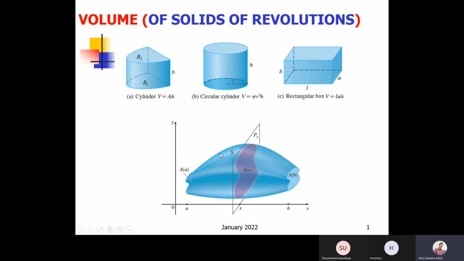Suppose I am considering x and y axes like this. You can think about an arbitrarily shaped loaf of bread like this, and this is the plane which is perpendicular to the x-axis, like this that I have already told you, and it traces out a cross-sectional area A of x from that.